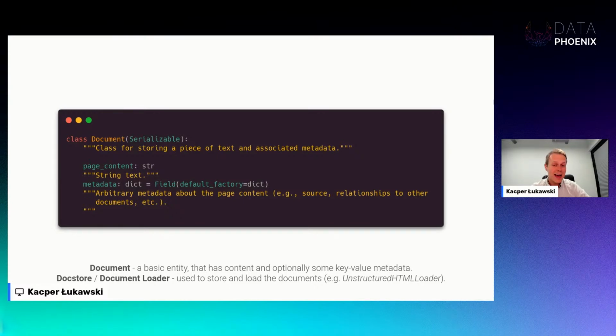LangChain community is really active, and there are different vendors providing their own integrations just to be present in the library itself, just because it's such a hot topic nowadays. So document is the most basic entity, fairly simple, and LangChain is all about the texts.